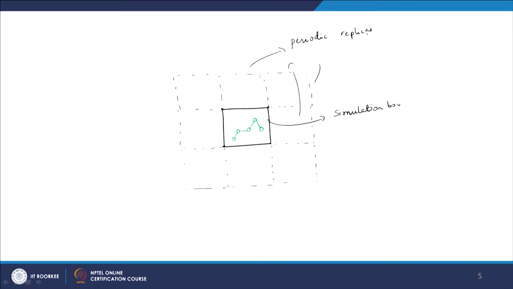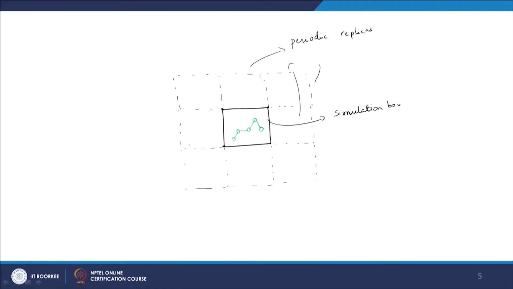I only simulate what is happening in the simulation box, but then I assume that the same polymer chain at the same relative positions is contained in all of those boxes.